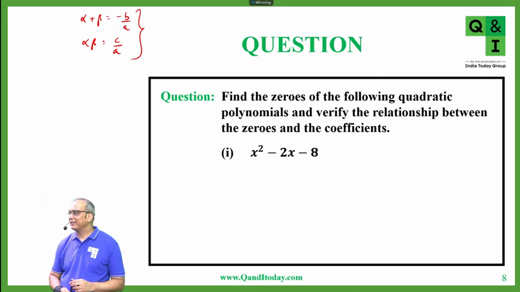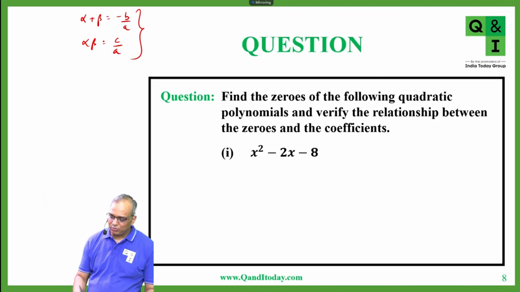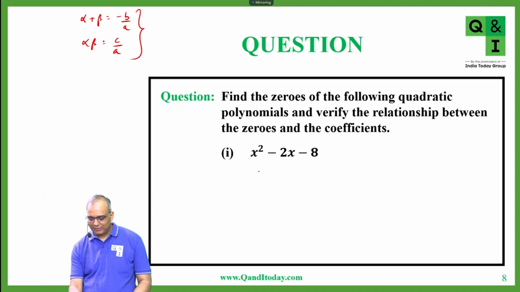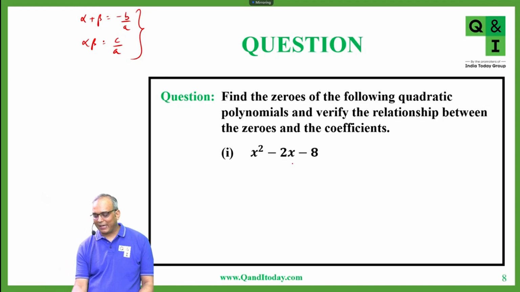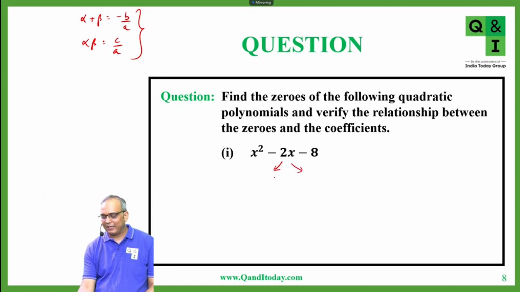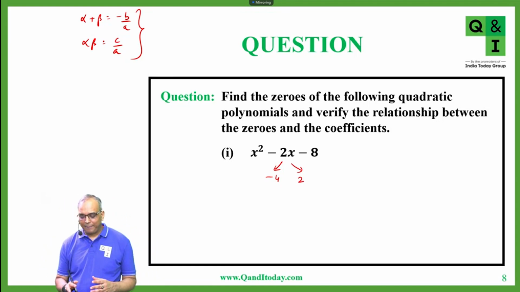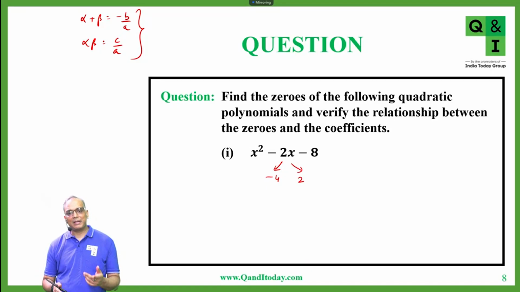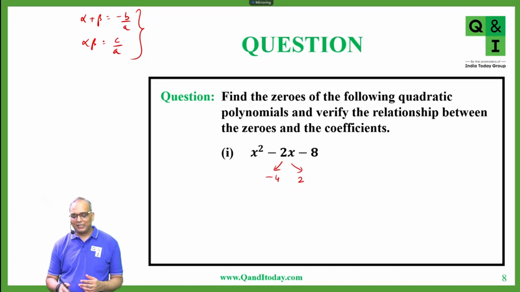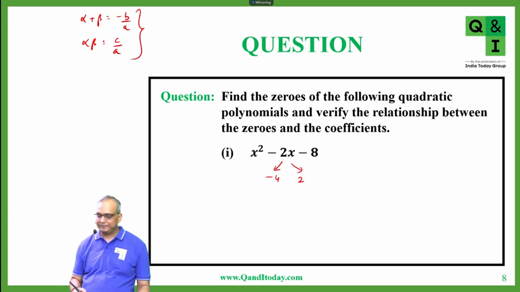Yes, correct, Raghavi. The zeros are minus 2 and 4. So let us split the middle term here. Minus 8, you can get it by splitting this minus 2 into minus 4 and 2. The sum, minus 4 plus 2, is minus 2 and the product, minus 4 into 2, is minus 8.